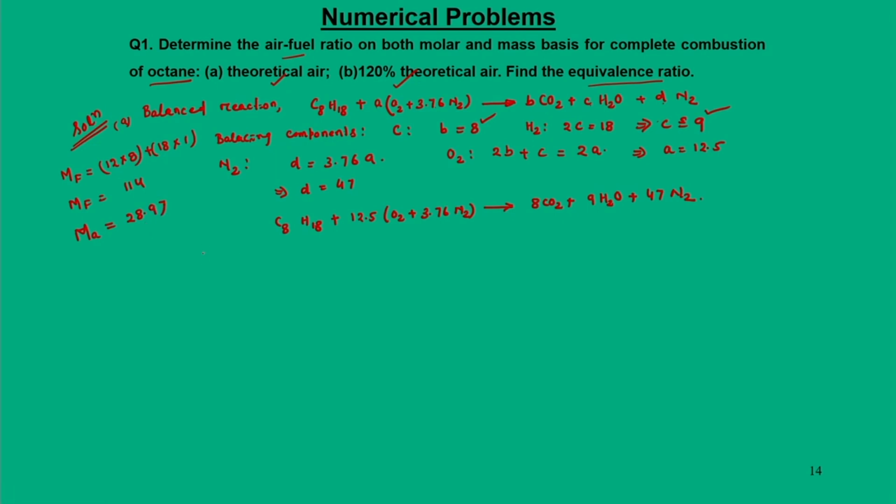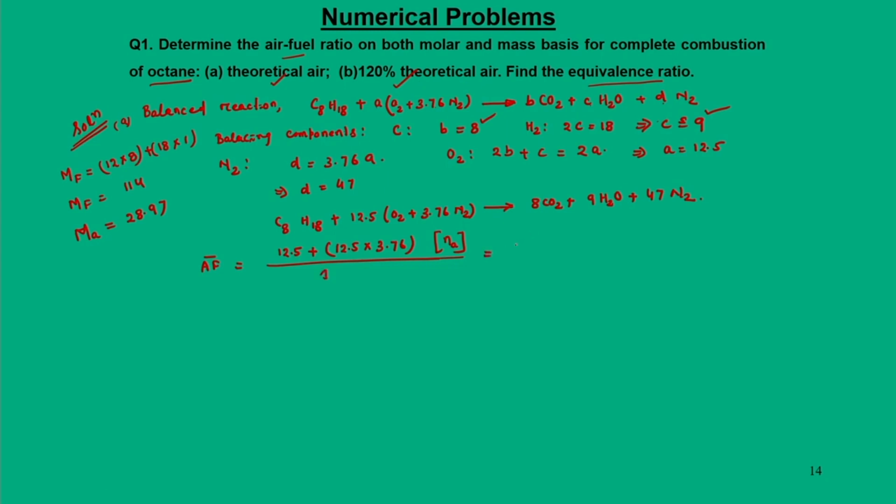Now we are in a position to calculate the air fuel ratio on a molar basis. That is 12.5 plus 12.5 into 3.76, the number of moles of air, and the number of moles of fuel is 1.